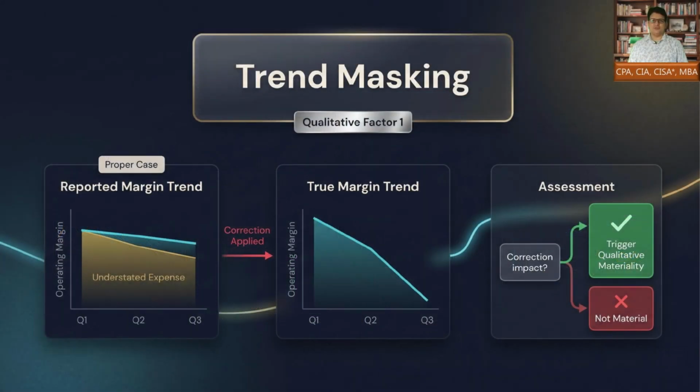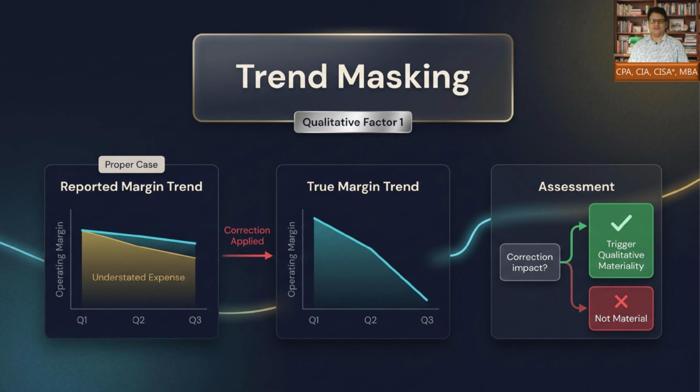Trend masking occurs when a misstatement hides a performance pattern that users rely on. Investors and analysts often study revenue growth, margin movement, and operating income trends to assess future performance. If an expense understatement makes a weakening margin look stable, the dollar amount may appear small, but the trend effect can be significant.